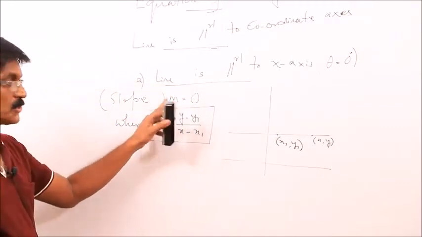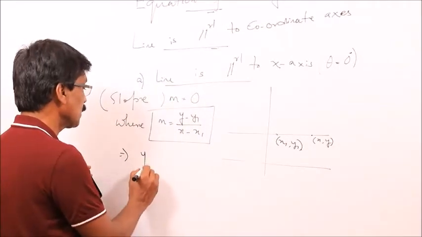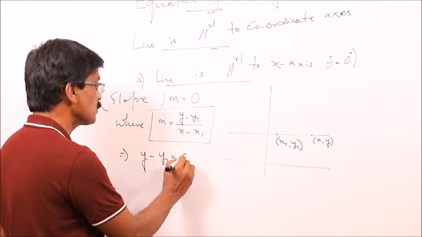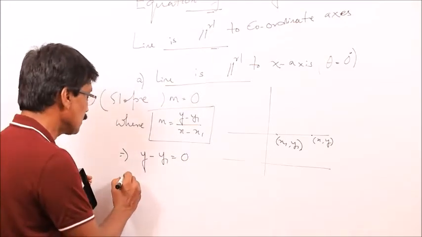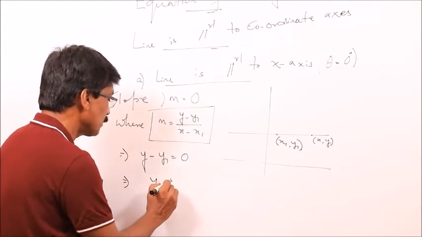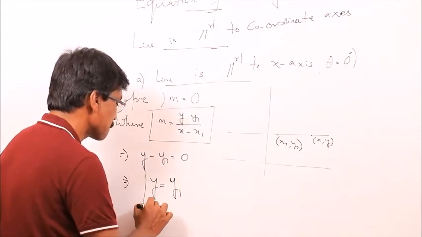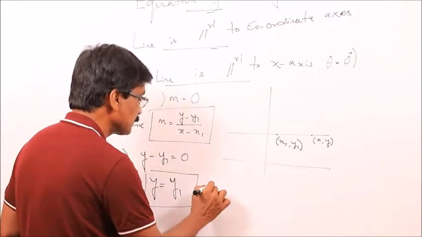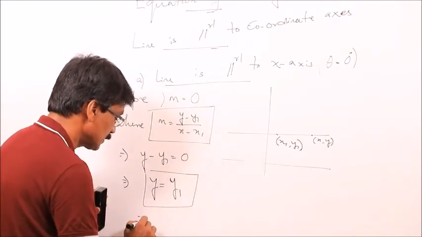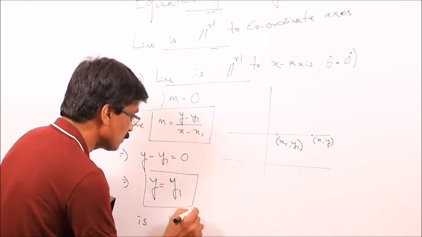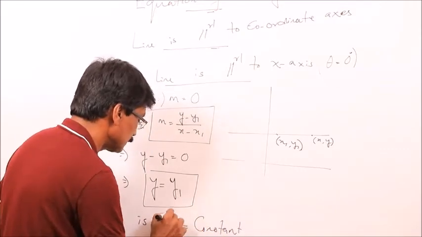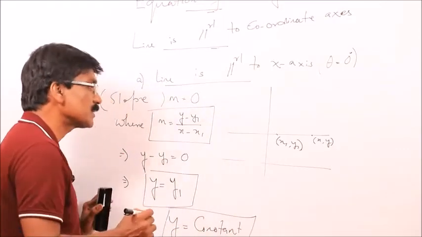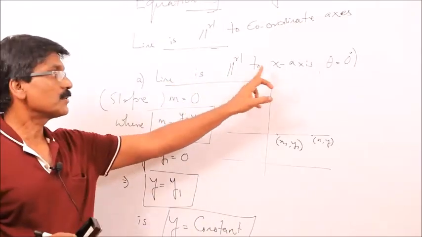So, M is equal to 0 means y minus y1 is equal to 0, that is y is equal to y1. So, y is equal to constant is a line parallel to the x axis.